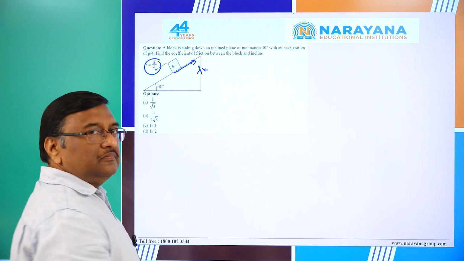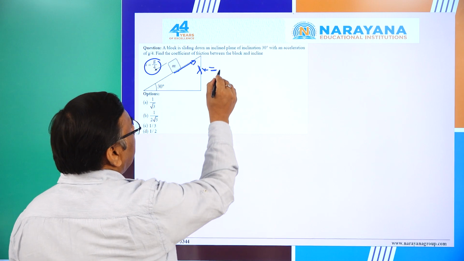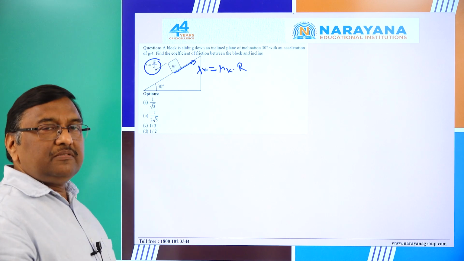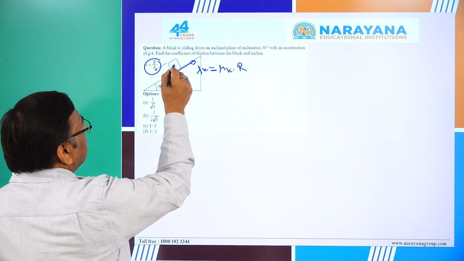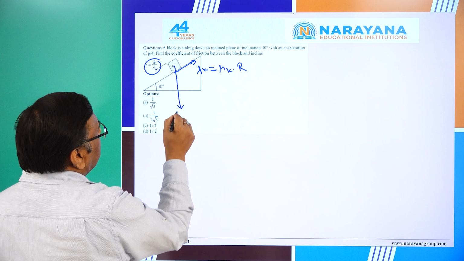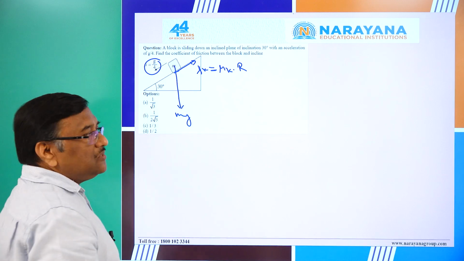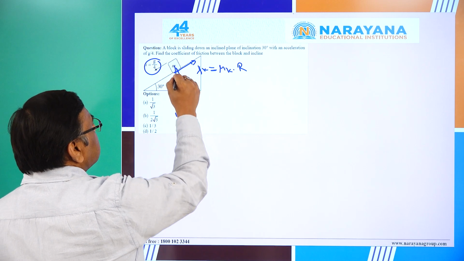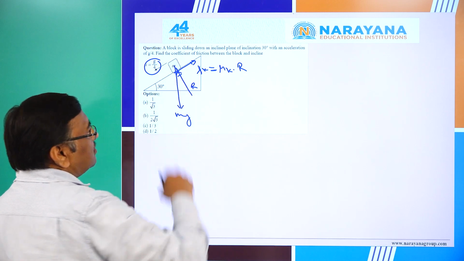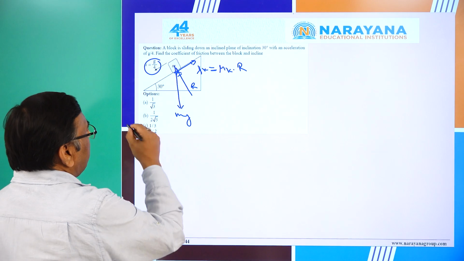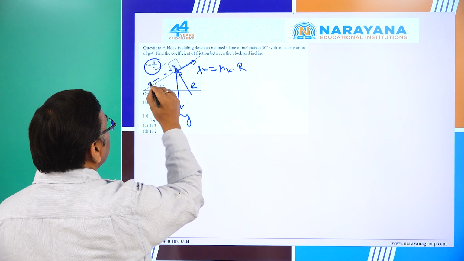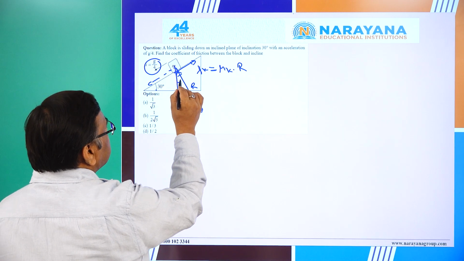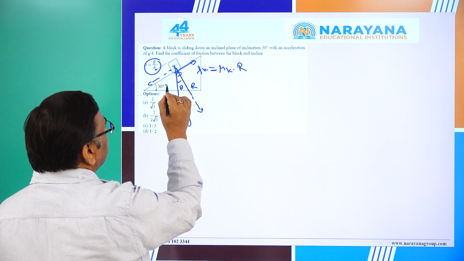And kinetic friction force we know very well, it is the coefficient of kinetic friction into the normal reaction of the surface. The gravitational force acting on this body is vertically downward, that is mg. The normal reaction, being perpendicular to the surface, is R. If I resolve my mg in these two directions, along the plane and perpendicular to the plane, and this angle is 30 degrees, so this angle is also 30 degrees, let me denote it by theta for the time being.